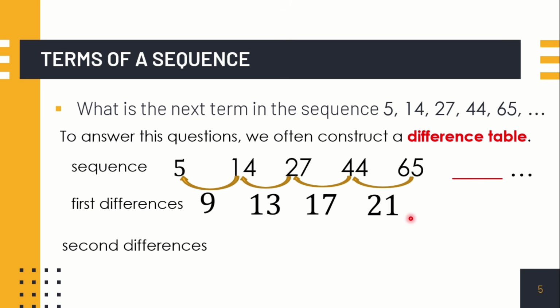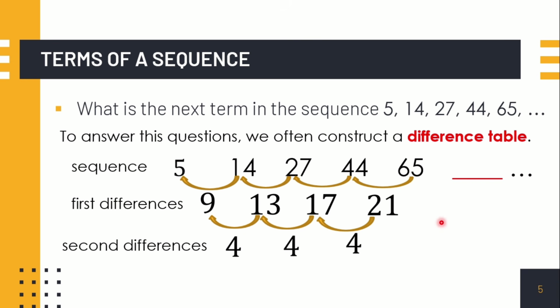So, that is our second differences. 13 minus 9, that is 4. 17 minus 13, that is 4. 21 minus 17, that is 4. Okay, as you can see, in our second differences, they are equal already. So, therefore, we can predict the next number in the first differences.